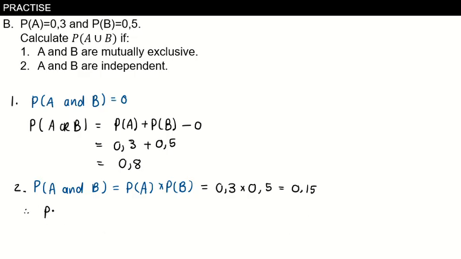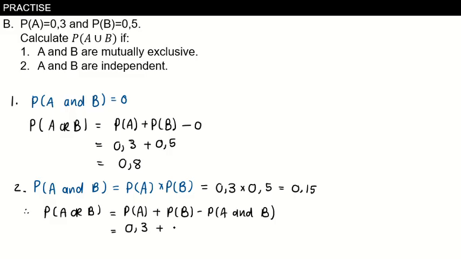So to calculate the probability of A or B then, we can still use the addition rule: probability of A plus probability of B minus the probability of A and B. Where the probability of A is 0.3, probability of B is 0.5, minus the probability of A and B, which is 0.15.